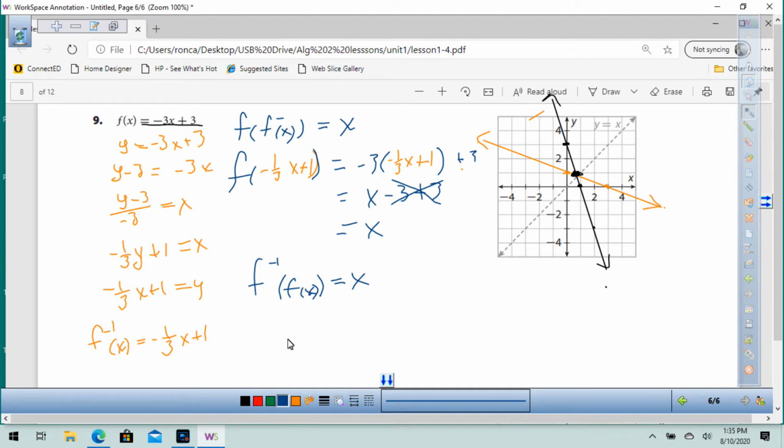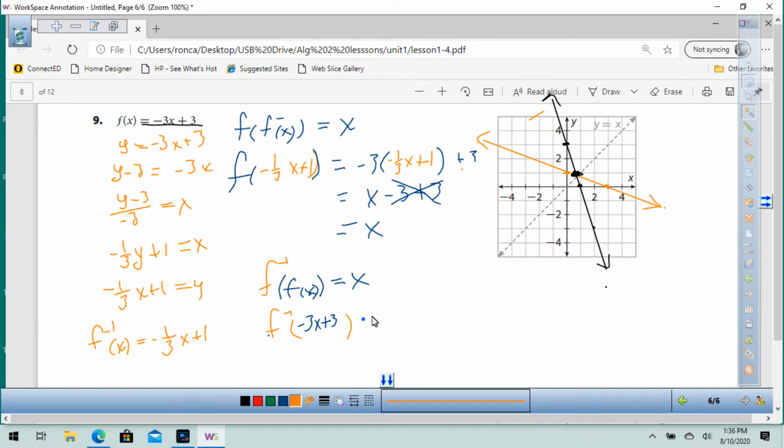Now let's try it this other way. So we're going to have the inverse of f of x, and it's going to be negative 3x plus 3. We want that to equal x, so let's try it.